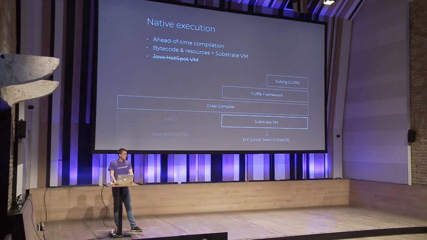If you are doing this, you are not depending on the Java HotSpot anymore. So you can take this executable, copy it to some other machine, and without installing anything, you can just run your executable.